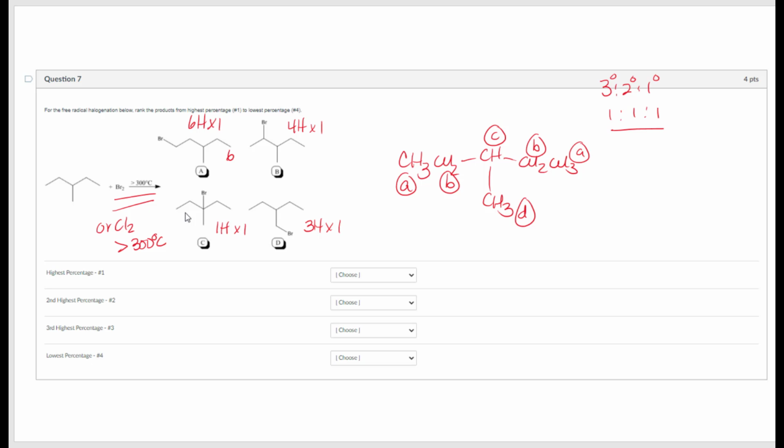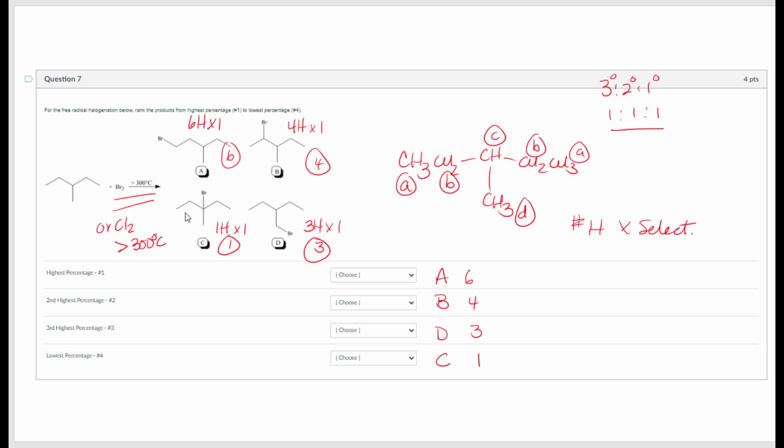Which means we've got 6 for A, 4 for B, 1 for C, and 3 for D. So the major product is A at 6. Next major is B at 4. D at 3. And C with 1. So again, taking the number of hydrogens and multiplying it by the selectivity.